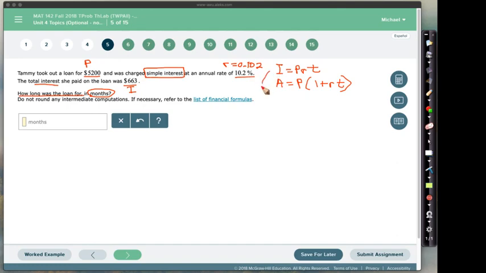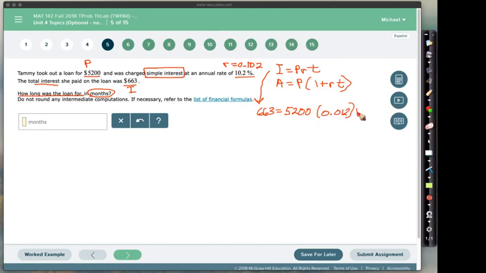So taking this first formula, interest, the I is $663. The P is $5,200. The R, we got that here, 0.102. And then T, that's what we're looking for.